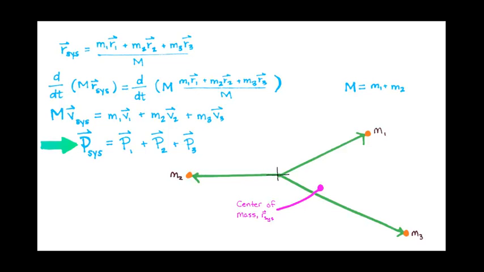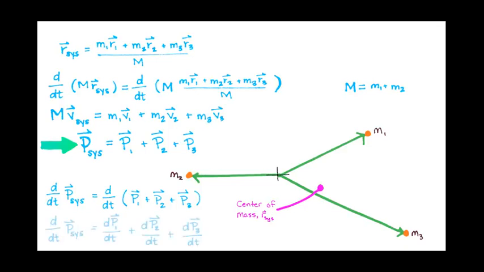Now let's take a look at what we get if we differentiate this expression with respect to time. If we do that, then the left-hand side becomes the time rate of change of the system momentum, which looks like the beginnings of a multiparticle Newton's second law, or momentum principle. The right-hand side ends up being the sum of the time rates of change of the momentum for the particles in the system.